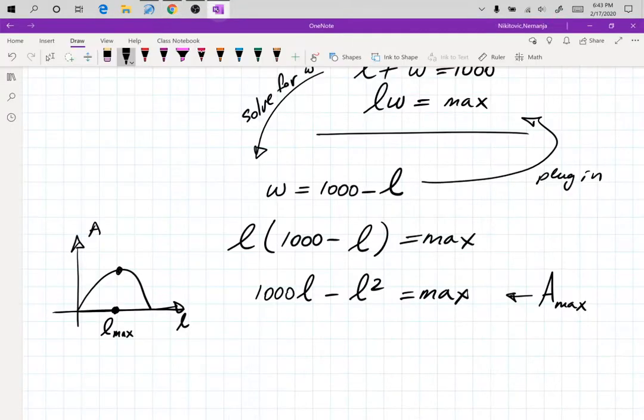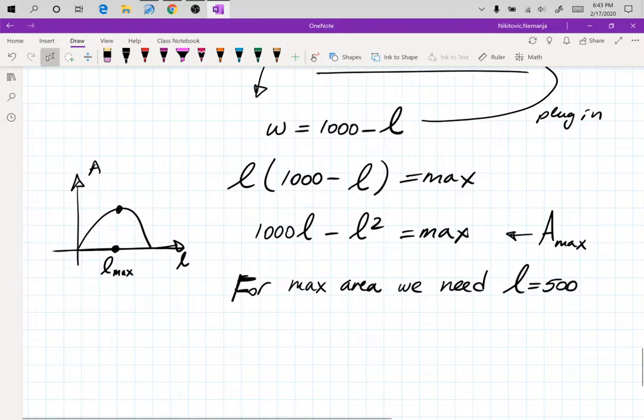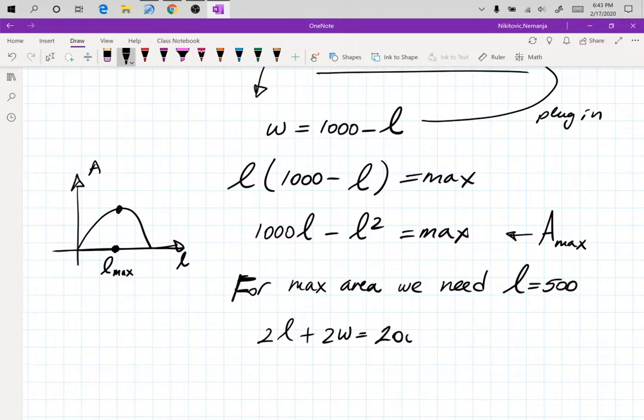So we found that to get maximum area, we need length to be 500 yards. So for max area, we need L to be 500. Now when you plug that into 2L plus 2W equals 2000 yards of fence.